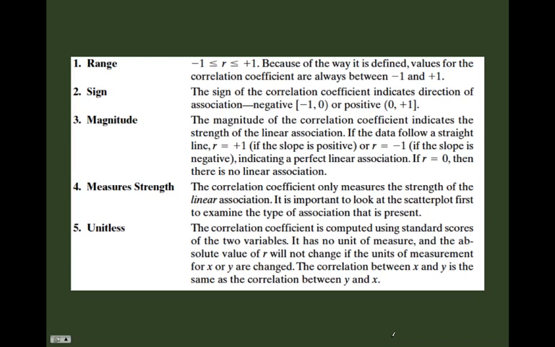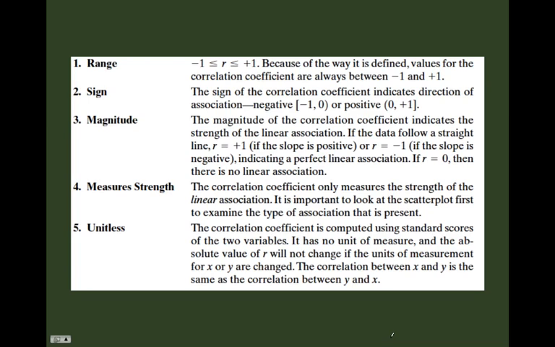The magnitude of the correlation coefficient, or its absolute value, indicates the strength of the linear association. If the data follow a straight line, R is 1 or -1. And that means if we have an R value that's exactly 1 or exactly -1, that's a perfect linear association.